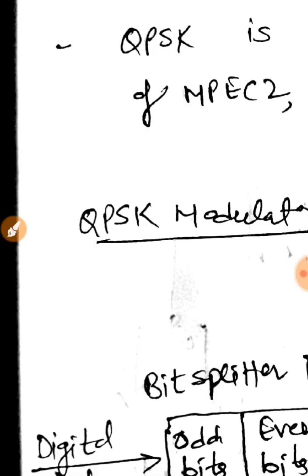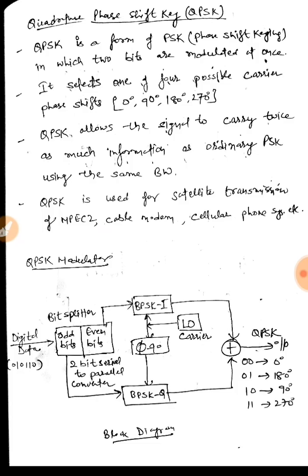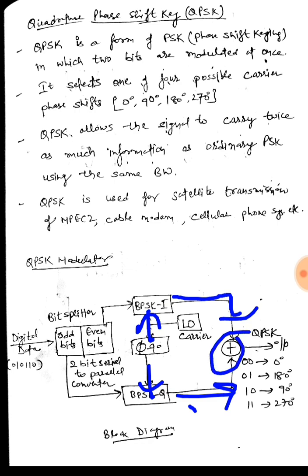In this one, the phase shifted version is where the odd bits are fed, and in this BPSK system we have the original carrier signal. So the output of these BPSK modulators will then be added over there.